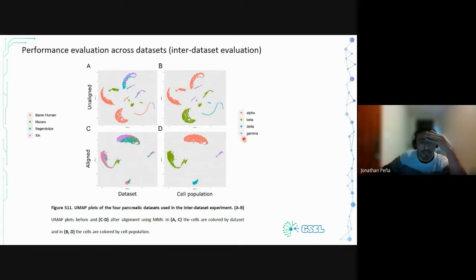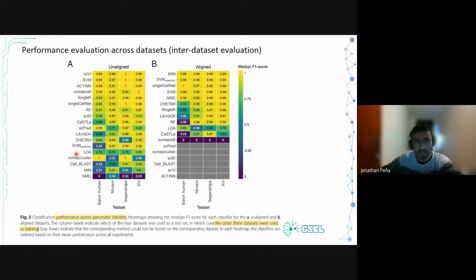Eles tentaram fazer outra abordagem também. Não sei como funciona isso, mas eles alinharam os datasets. Eles utilizaram 4 datasets e observaram que existia um efeito de grupo, um efeito de lote. Então, eles alinharam esses 4 para fazer este teste.